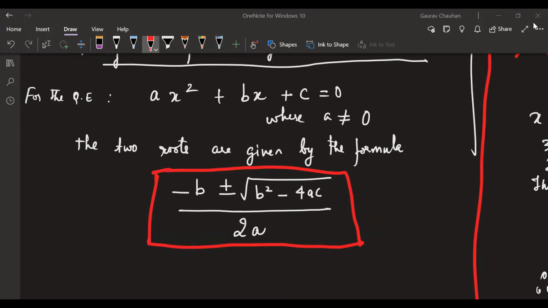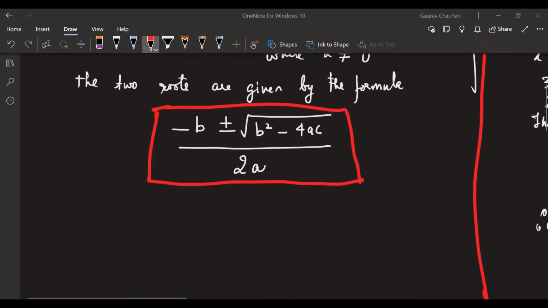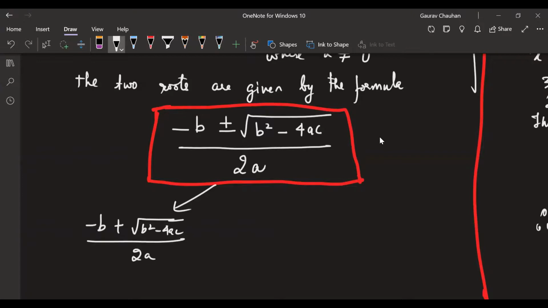Sir, you wrote plus or minus there. Correct. Plus or minus I wrote, which means basically one root will be minus b plus root over b square minus 4ac, by 2a. And the other root will be minus b minus root over b square minus 4ac, by 2a.